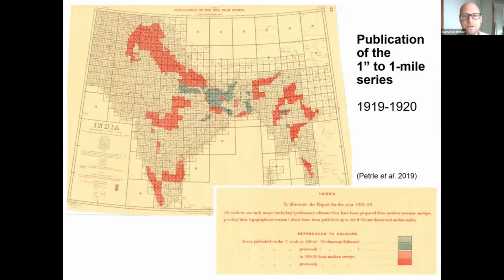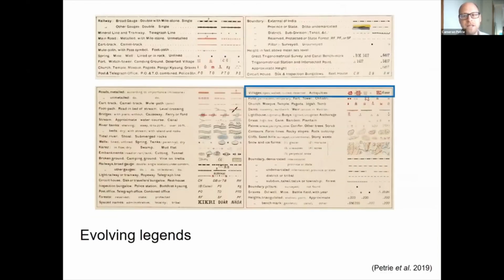Now, what was interesting about this program of survey was that there was a recognition, as the publication work continued, that all sorts of information had been documented as part of the original surveys. What you can see in this illustration is two different examples of legends that go with the survey maps.